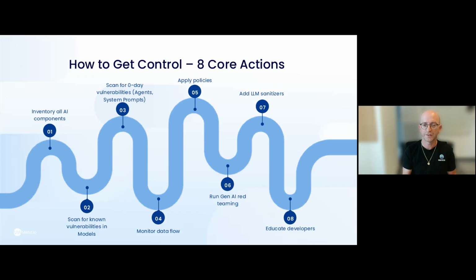Once you have all that information, you can start adding different types of measurements to mitigate it. This could be to harden your system prompts, to configure your agents, to add LLM sanitizers, and more. And last, same with every application security practice, you do want to make sure that you educate your developers to work with AI safely inside the applications.